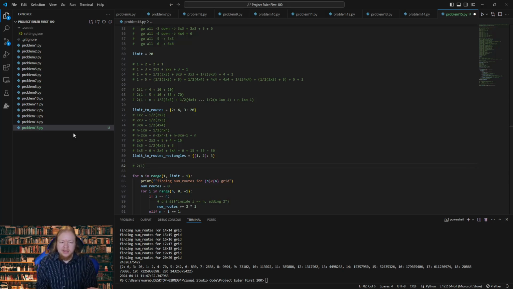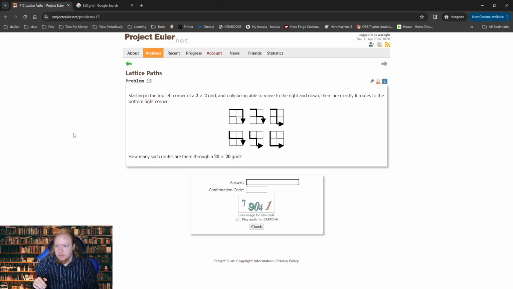The 1, I think we should keep as just a 1. 2 times 1 plus n for only going that far.